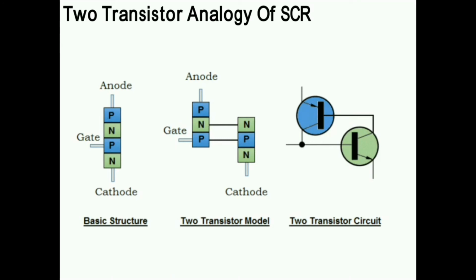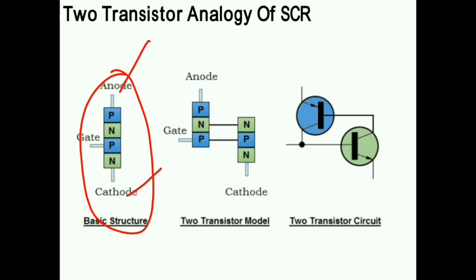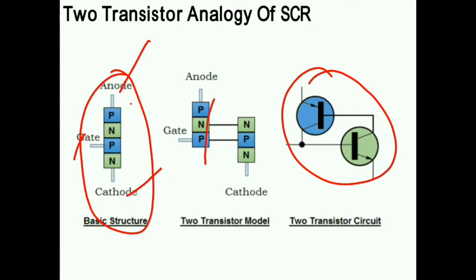Now this is the two transistor analogy of the SCR. The basic structure is like this. In the previous slide we have seen anode, cathode and gate. Here the PNPN structure is there, and whenever we connect two transistors back to back, a PNP transistor and an NPN transistor, connected like this, it becomes one SCR. The gate terminal is common between this P region and N type connection.